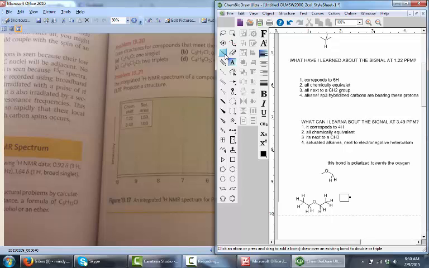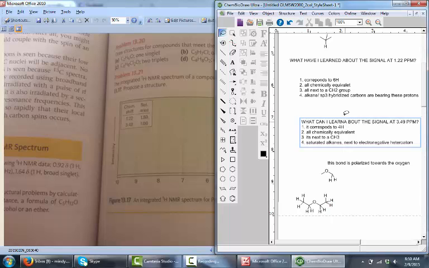First, the molecular formula, C4H10O. So I have 4 carbons, good, 10 hydrogens, and 1 oxygen. So the molecular formula is satisfied. Now let's think about the proton NMR spectrum here. So I have these methyl groups, this CH3 and this CH3. Those are chemically equivalent.